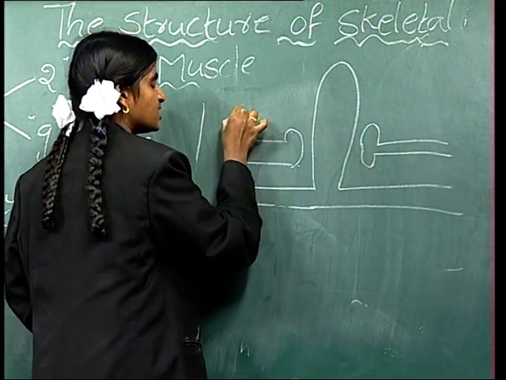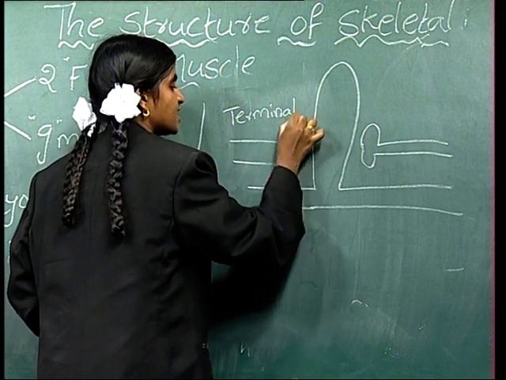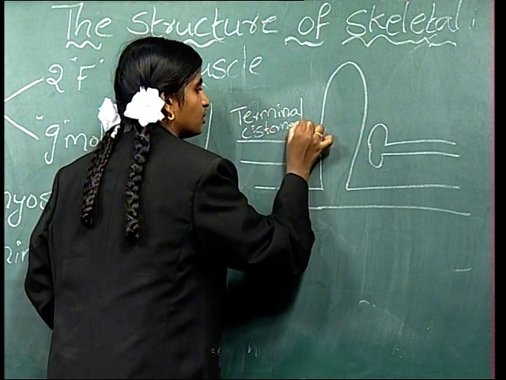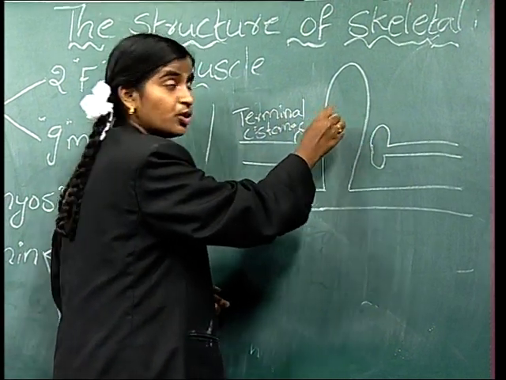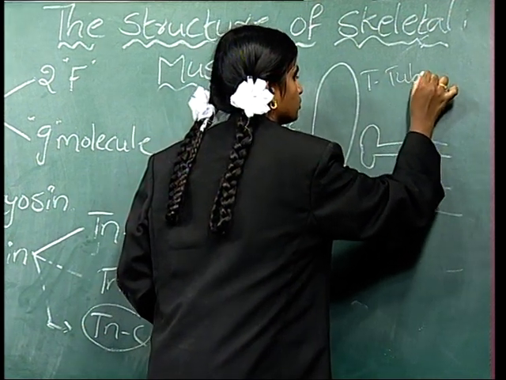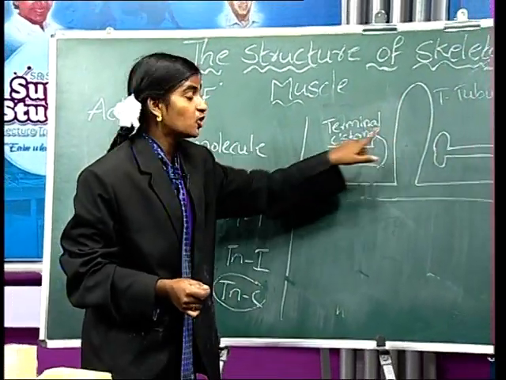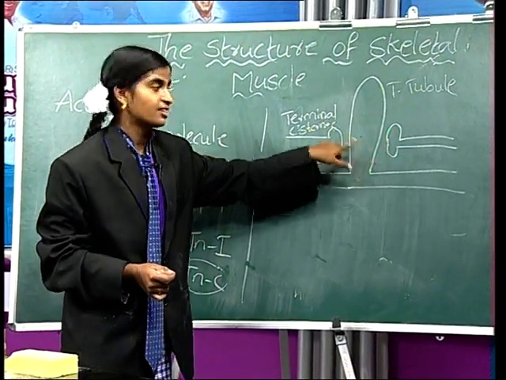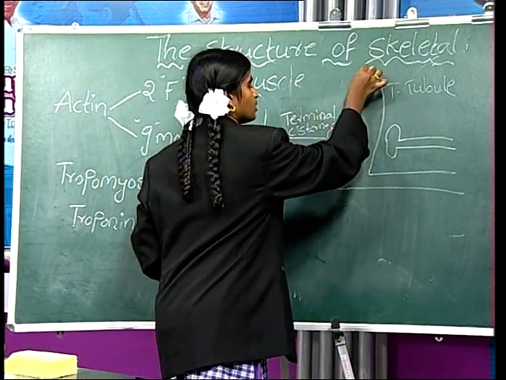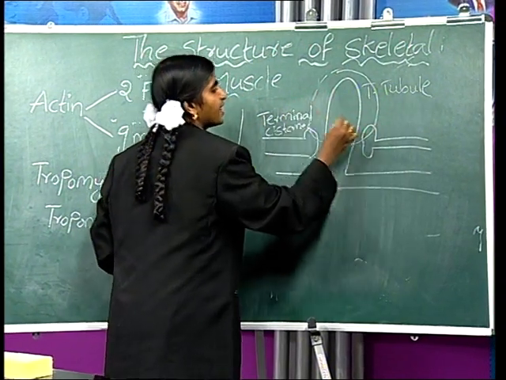And this is the T-tubule. Friends, one T-tubule and 2 terminal cisternae together constitute the triad system.